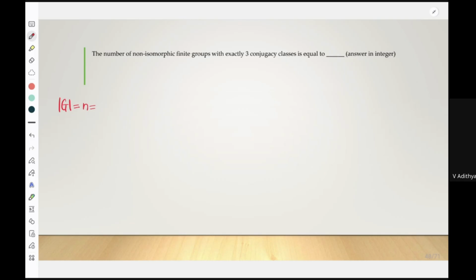So first, let G be an abelian group with order of G equals n.